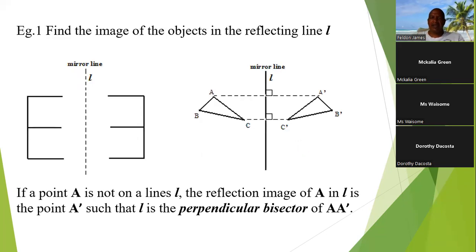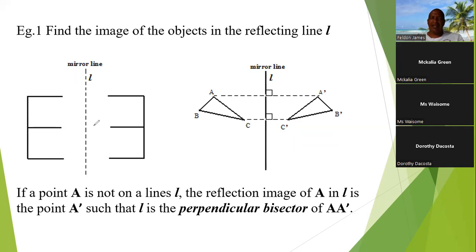All right, so these are some examples of reflection with mirror lines. For the figure on the left, the mirror line would be the dotted line coming straight down, and this would be the reflection. One of the things you should notice when images are reflected is that you have what we call a laterally inverted image. The word lateral means sideways.